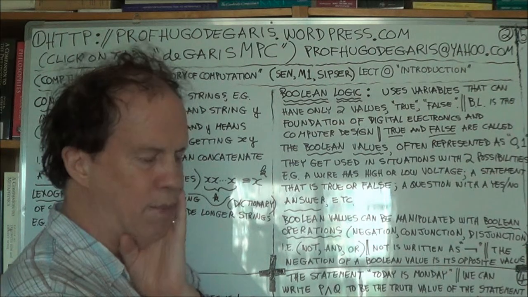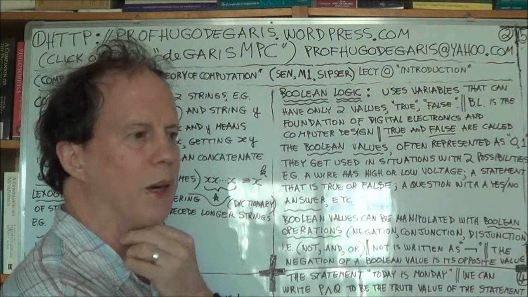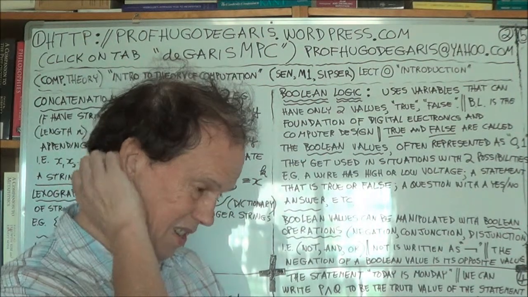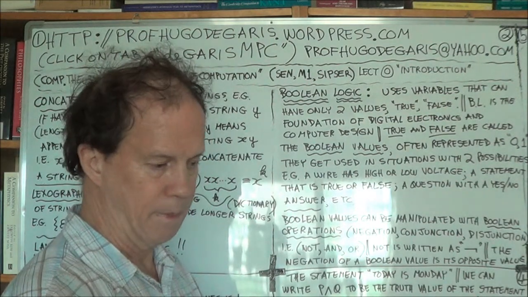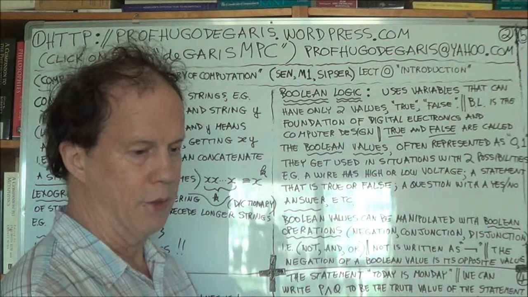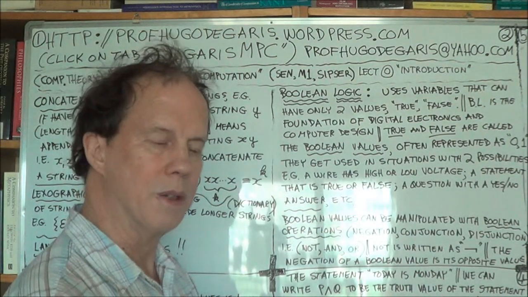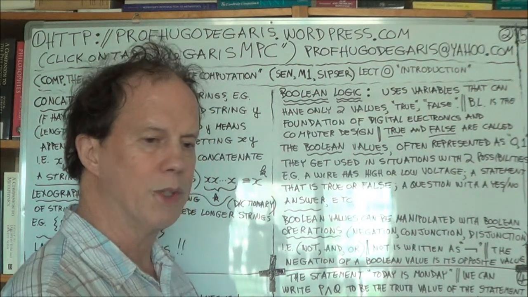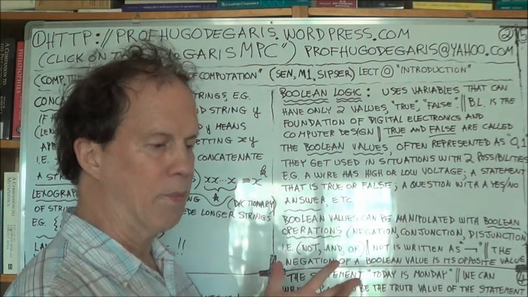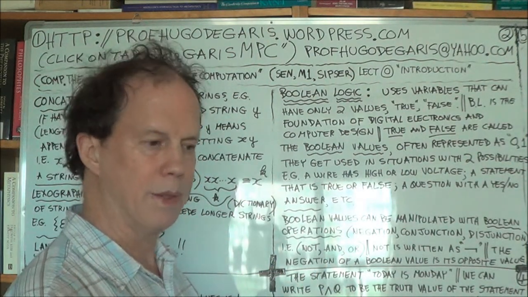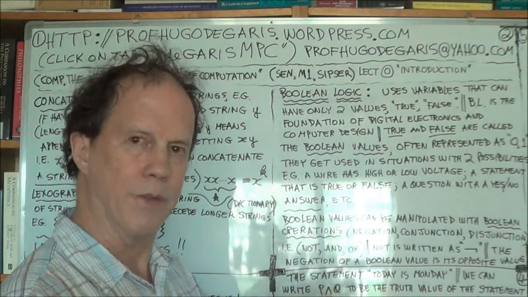So a Boolean variable, think of a variable like x or y. Go back to your middle school when you were starting to solve equations with x's and y's. You had two simultaneous equations, like ax plus by equals c, and dx plus ey equals f, and you had to solve for x and y.